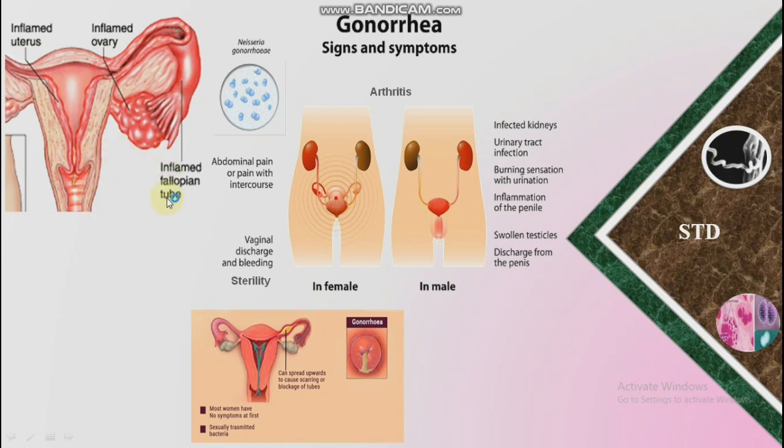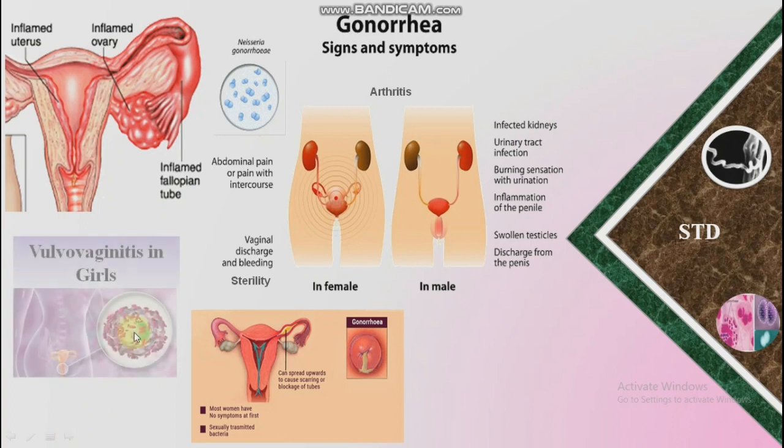Here, inflamed fallopian tube, swelling of the fallopian tube, the ovary also gets inflamed, inflammation and swelling of the uterus. See here, the swelling of the uterine wall. The ovary, uterus, and fallopian tubes get inflamed and infected with the Neisseria gonorrhoeae bacteria.